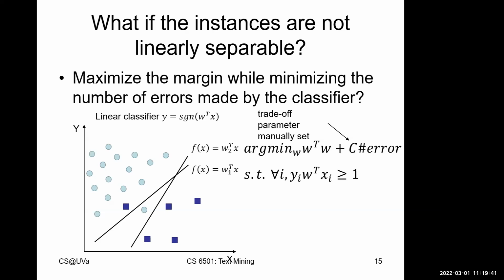Well, maybe I don't care as much about Dimitri there, so that C will be smaller. But then again, maybe I'm really, really worried about Dimitri because I know him, I've had him in other classes, so that'll make that C bigger. Who chooses this C? Me. The designers, that's you guys.